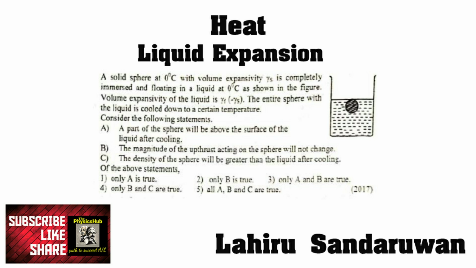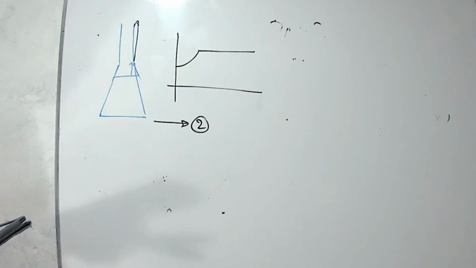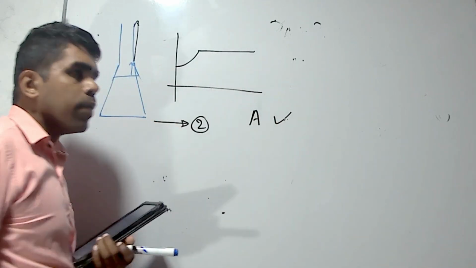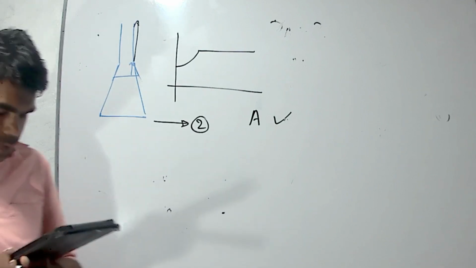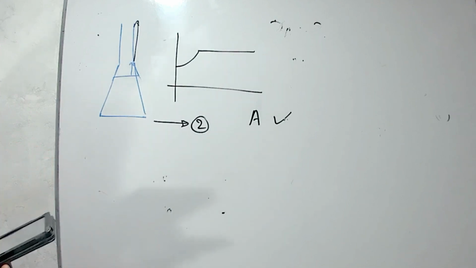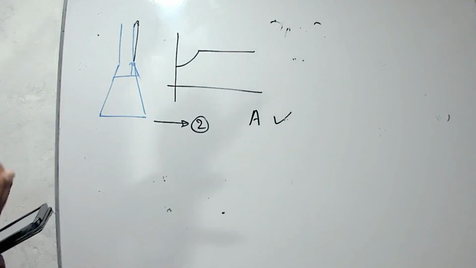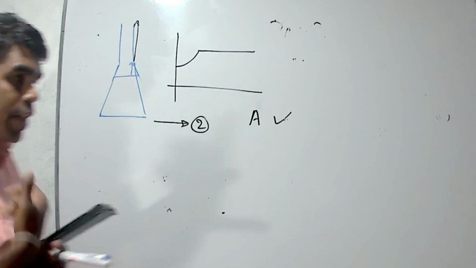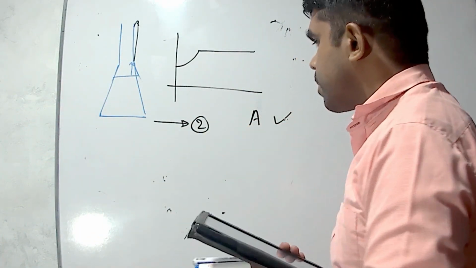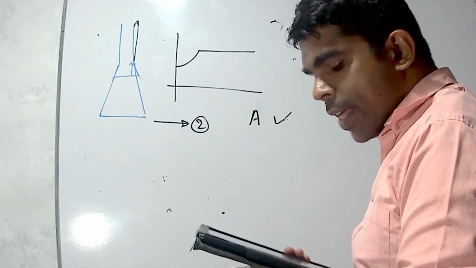Consider the statements. A: part of the sphere will be above the surface of the liquid after cooling. Yes, it is correct. We know that when cooling, the volume of both liquid and solid is decreasing. When the volume decreases, density increases, but the increase of density for the liquid is greater than the solid. Therefore, A is correct.